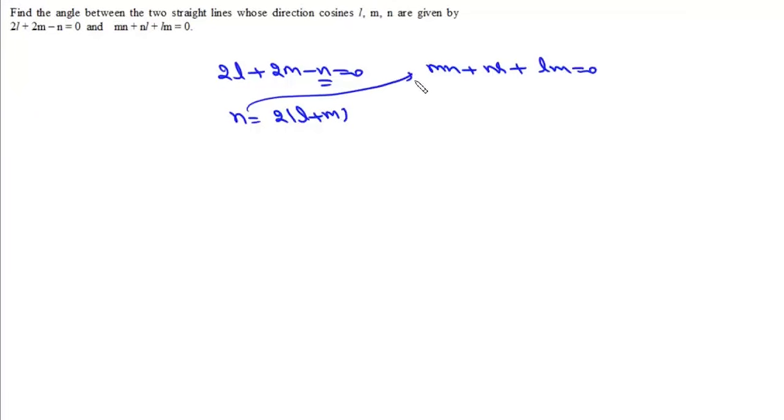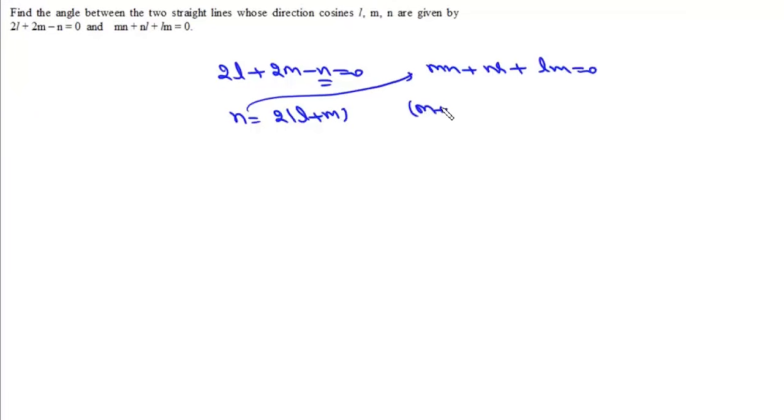Now the question is, find the angle between two straight lines whose direction cosines are given by 2l plus 2m minus n equals 0 and mn plus nl plus lm equals 0. Now from this, what we'll do is we'll write n as 2l plus m, and we'll put the value of n in this second equation.